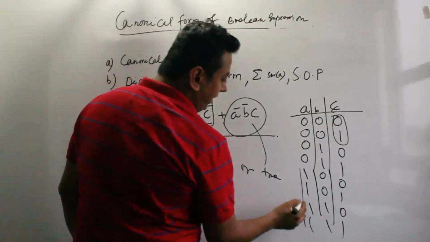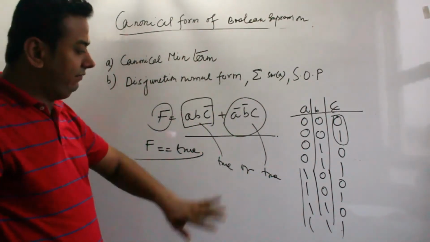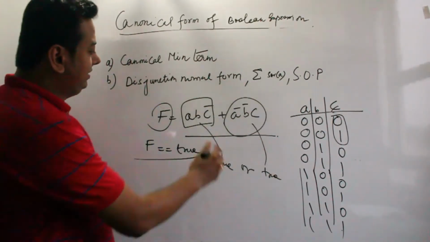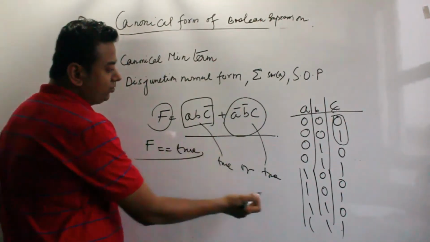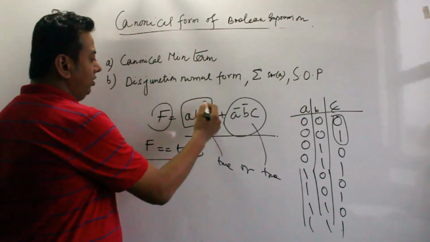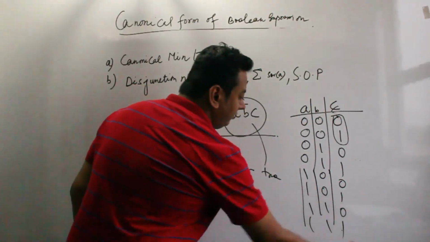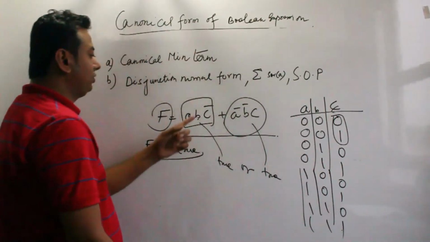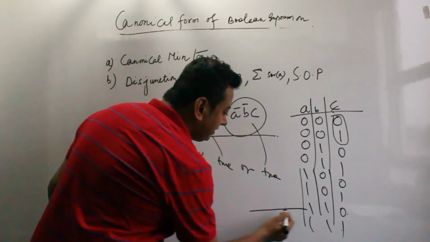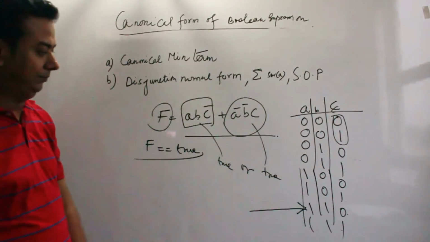So A, B, C bar: A is true, B is true, and when we explain the Karnaugh map, you will understand easily. In this, you need to find it like this. A is true, so okay, this one. So now we have to filter out from this one. Now move on to B. B is true, here in these two. So now we are filtered with only 2 rows. Now C bar, that is this one. So this is the row where this function could be 1.